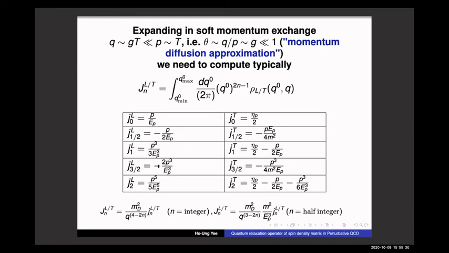So in other words, with a finite mass, we needed to compute this quantity for half integer n, and it was interesting that those half integer n coefficients also contribute to our final result in the same leading log order.